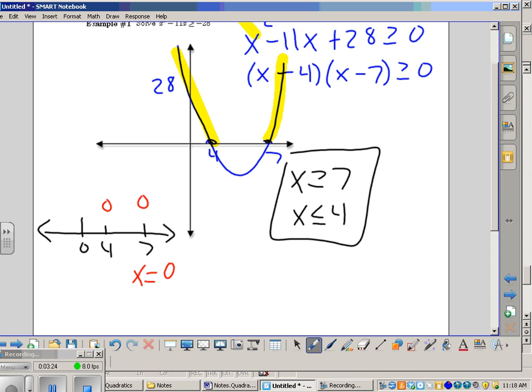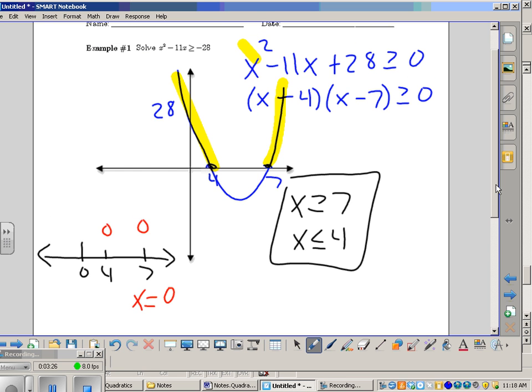So let's do x equals 0. If x equals 0, we're going to get 28. Well, 28 is positive, so that's positive in that interval. If x equals 5, if I plug 5 into the standard form equation, it's going to be really hard math. But if I do 5 minus 4 and 5 minus 7, I can see that that's 1 times negative 2.